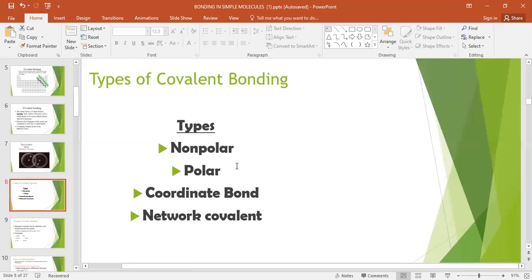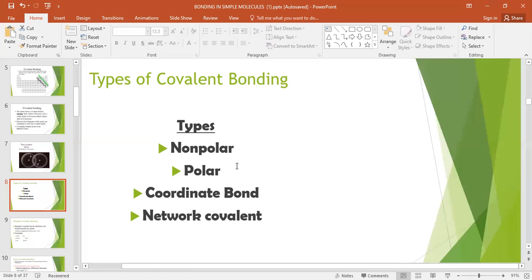One. So both are going to share how many electrons? Two. How many from each? One, one from here, one from here. So they are going to share one electron each. Equal or unequal? Equal, because both have one electron.